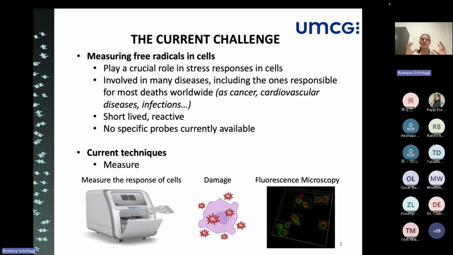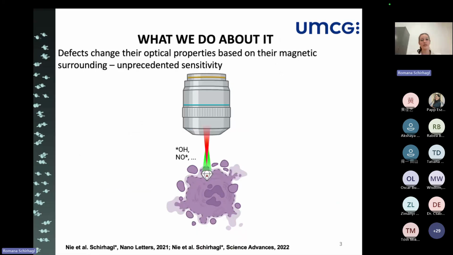But the problem is in that time, a small molecule can diffuse very far and can travel basically anywhere in your sample. So you're losing the spatial information mostly. And what we do with NV centers is also optical, so we have a similar kind of signal, but it is more local. And it measures the current status rather than the history of the sample.